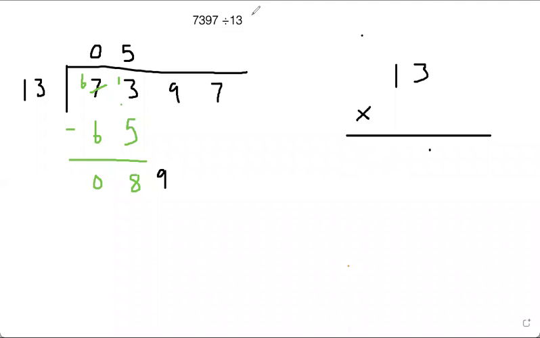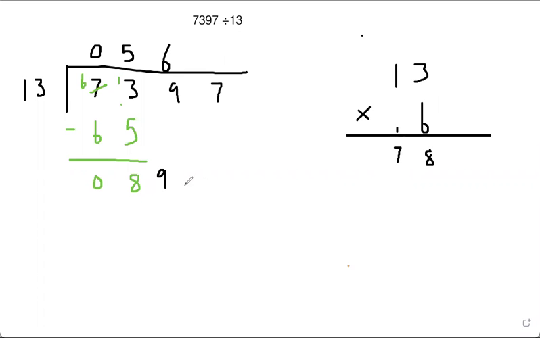Let's try 13 times 6. 3 times 6 is 18. 6 times 1 is 6. Add 1 more is 7. 78. Now we know that if we add 13 more, we'll become too high. We'll go into the 90s. So we can see that 6 13s fit into 89, but not exactly.